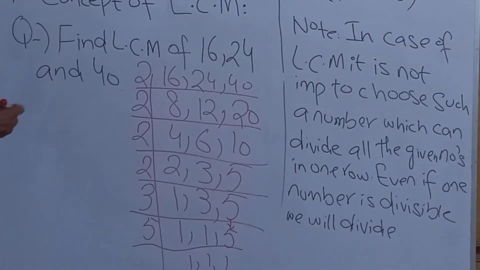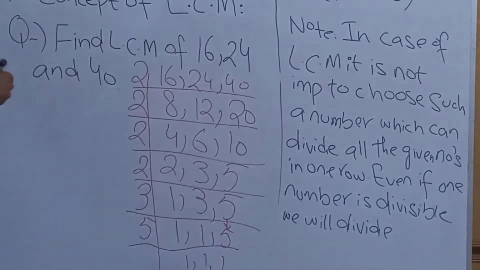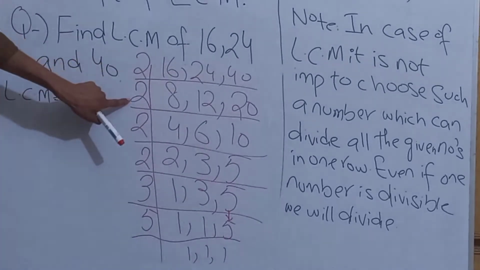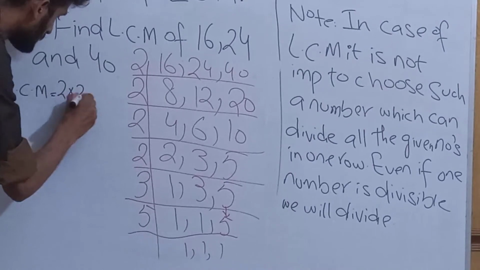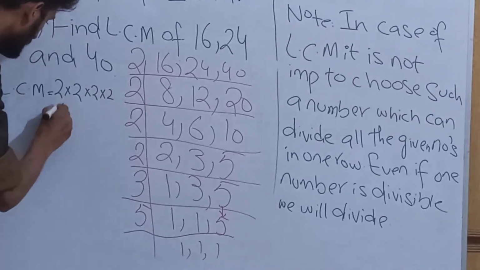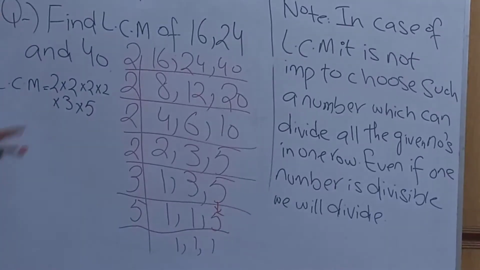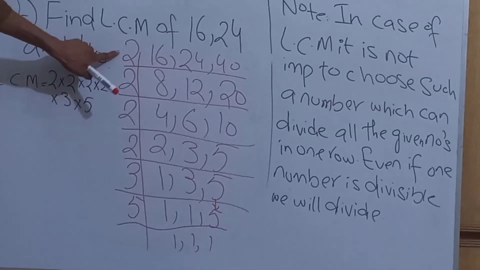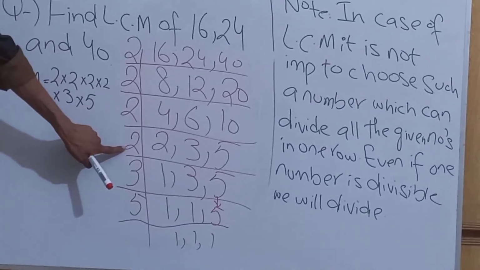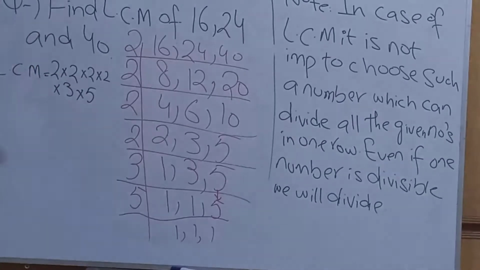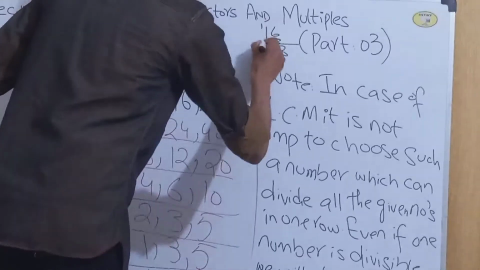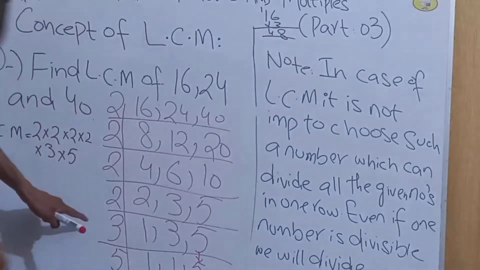So the LCM of 16, 24 and 40 is LCM equals 2 multiplied by 2 multiplied by 2 multiplied by 2 multiplied by 3 multiplied by 5. So 2 is 4 times, and then a 3 and a 5. 2 multiplied by 2 is 4, 4 multiplied by 2 is 8, 8 multiplied by 2 is 16, 16 multiplied by 3 is 48.